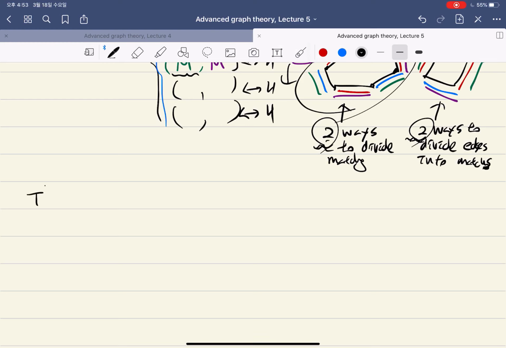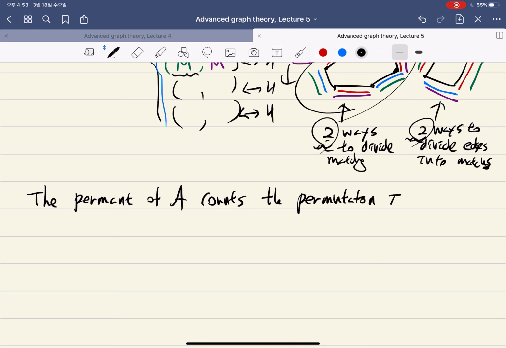So then what's the permanent? The permanent of A counts the permutations pi such that A_{u,pi(u)} is 1.